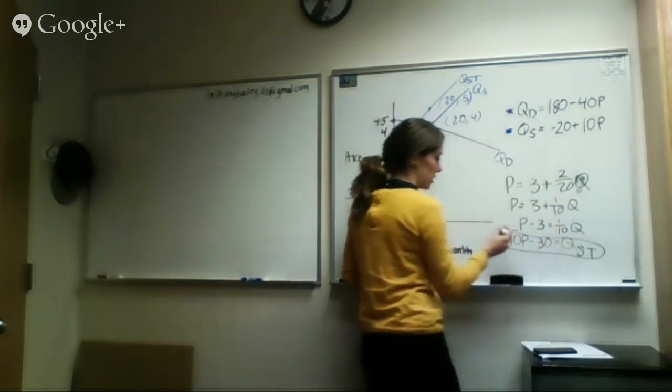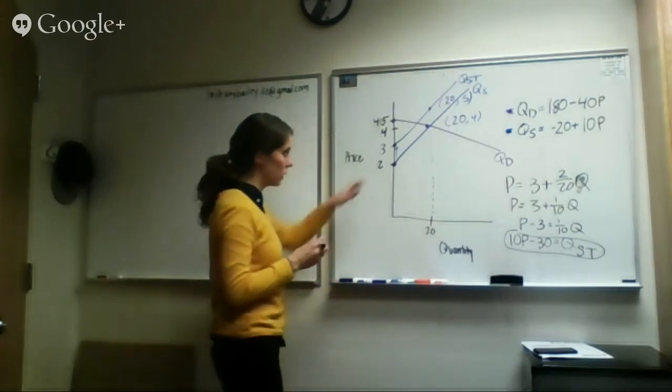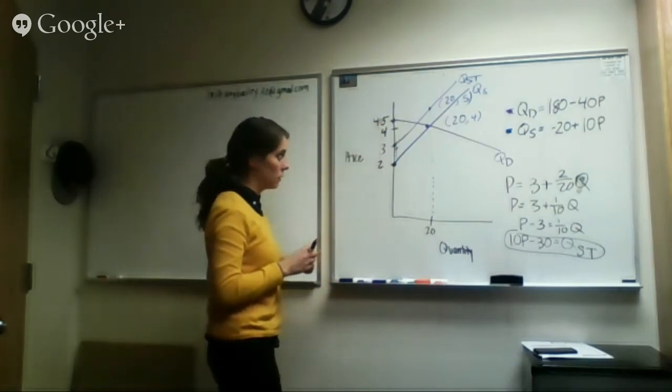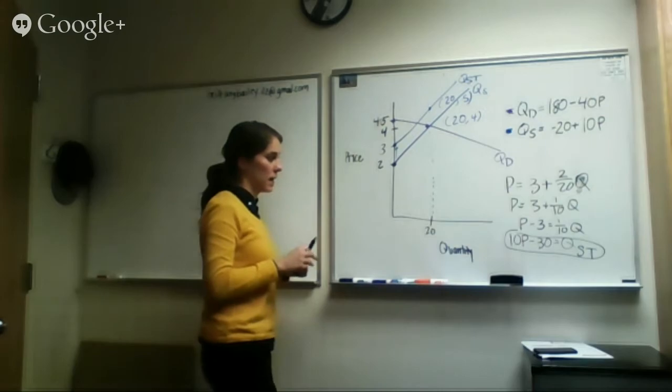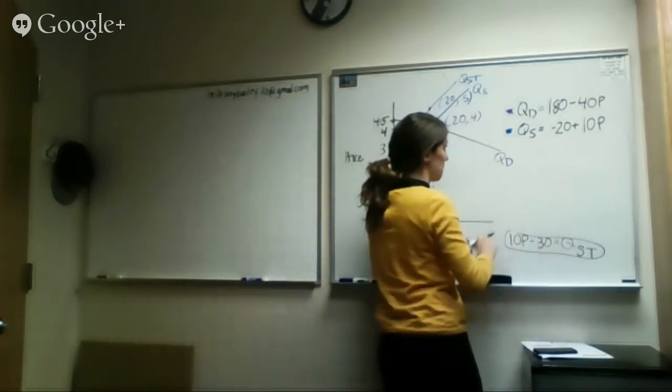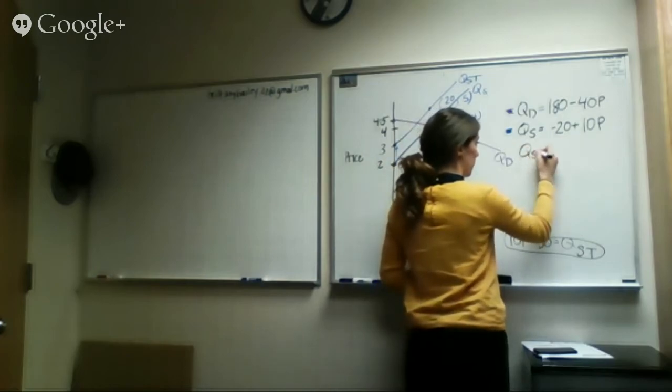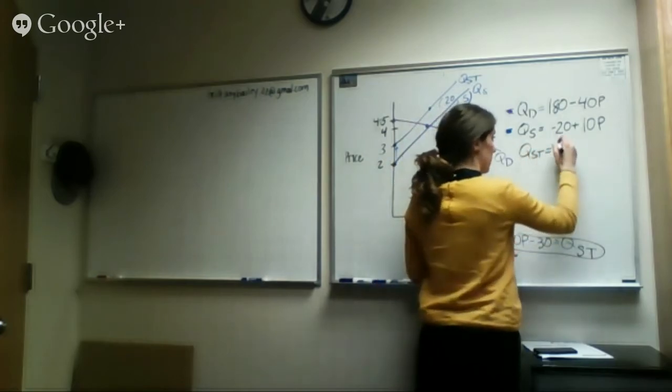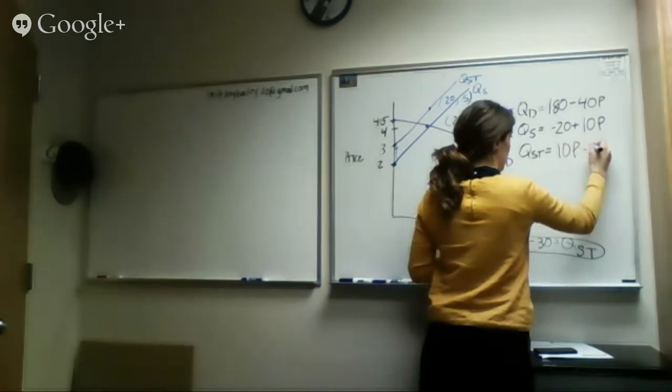So that's the equation of the new line, the quantity of supply with the tax. The supply with the tax is 10p minus 30.